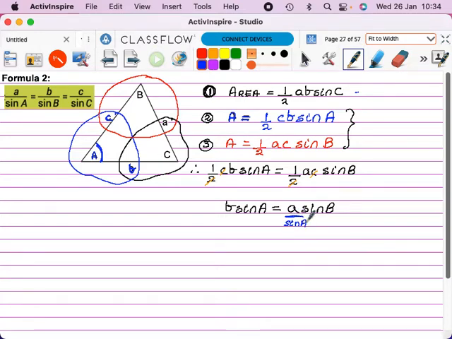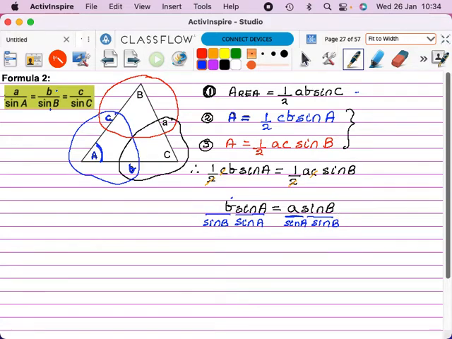So I'm going to put a sine A under the A. But if I put a sine A under the right-hand side, I've got to put a sine A under the left-hand side to keep the equation balanced. I'm also looking here, and it says B over sine B. So this B should have a sine B underneath it. So now I put a sine B under the B, but whatever I do to the left-hand side, I must also do to the right-hand side.